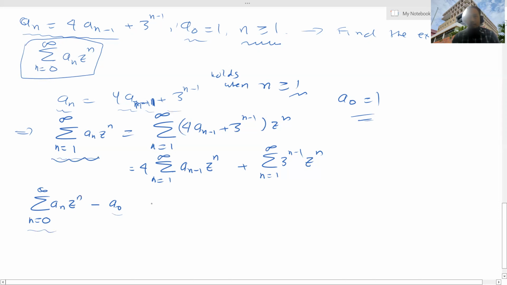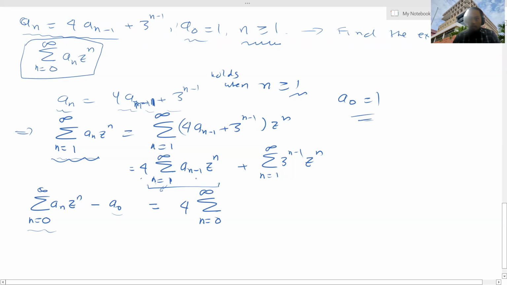What about the right hand side? Let's look at this part. The index starts from n equals 1, but a is actually starting from 0, because if n is 1, then a_{n-1} is a_0, correct? So therefore, we could simply shift the index. So 4 times the sum of n from 0 to infinity. Now we shift the index down.